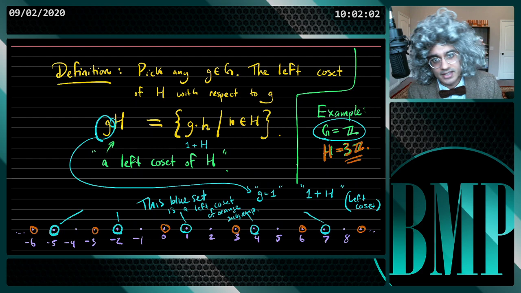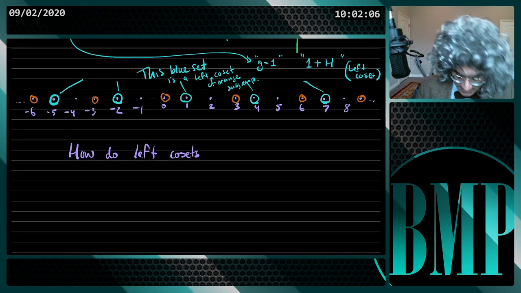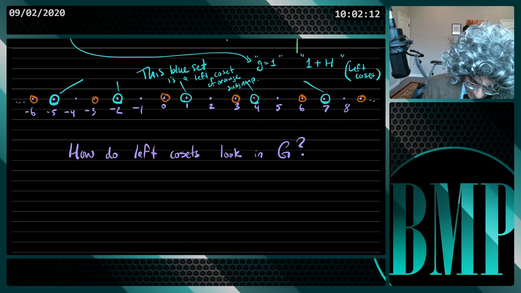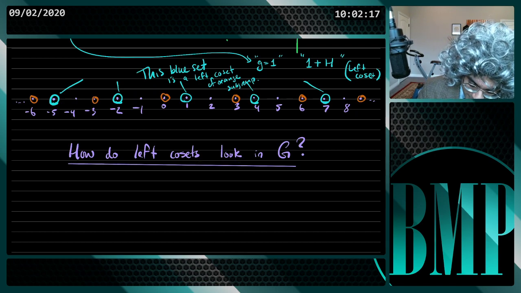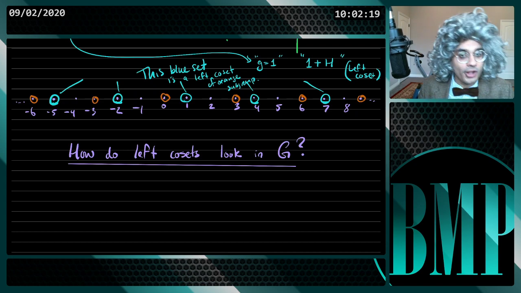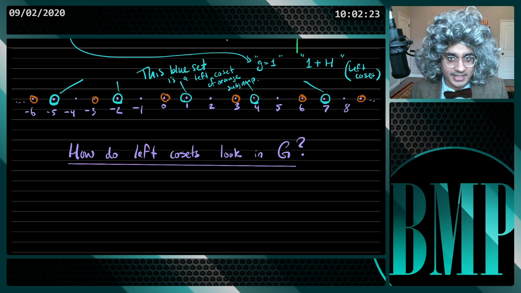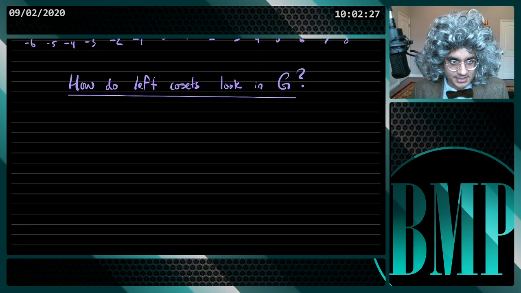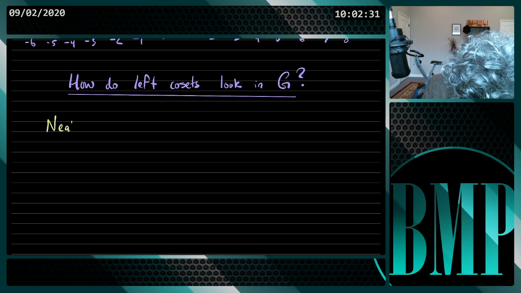So that's the right coset definition. Okay. So how do left cosets look in the group G? That's a vague question, but we're going to introduce some very basic properties that all of you need to learn and have. You need to know how to prove these things. It should be flowing through your veins. So here are some properties. Here are some neat facts. Neat fact.